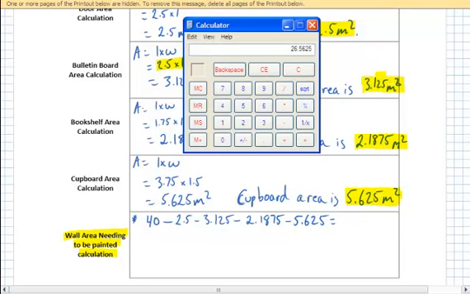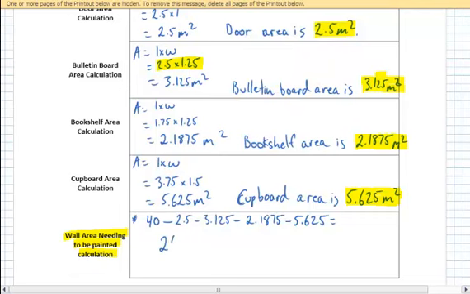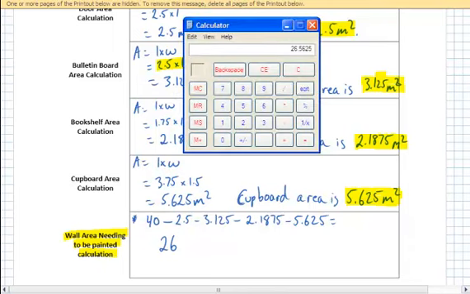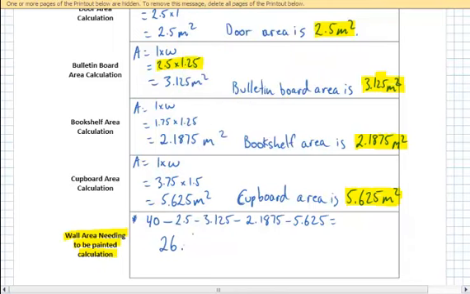I think it comes out to 26.5625. We'll just double check it. Alright, and it looks like this number is correct.